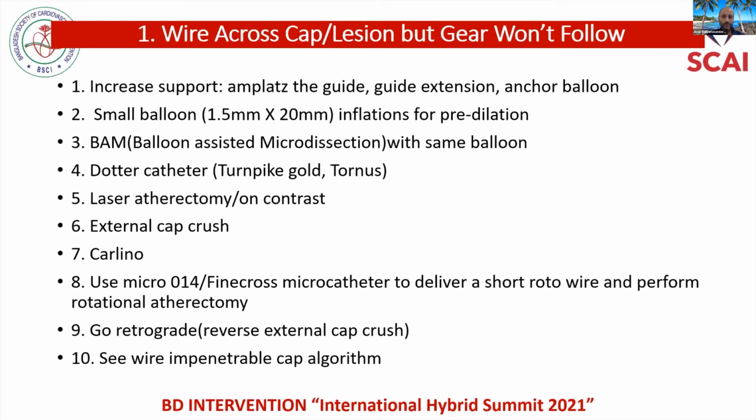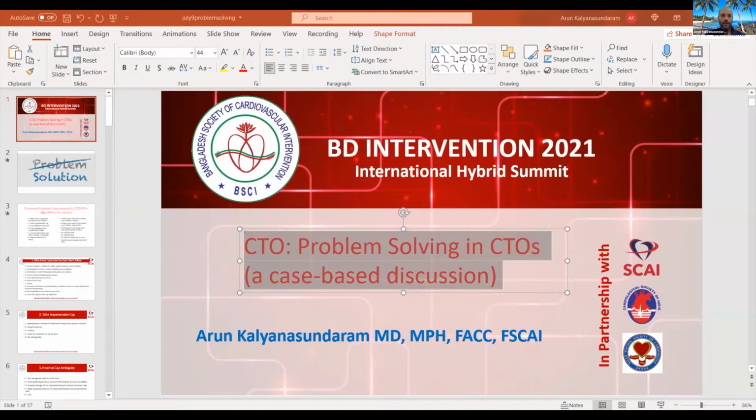Typically, just the nuts and bolts, when you have the wire across the cap but the gear won't follow, when we're talking about antegrade here, the first cardinal rule is backup. Many times people go in with poor backup, and then you struggle all through the case. Of course, try the lowest profile balloon, a different microcatheter.